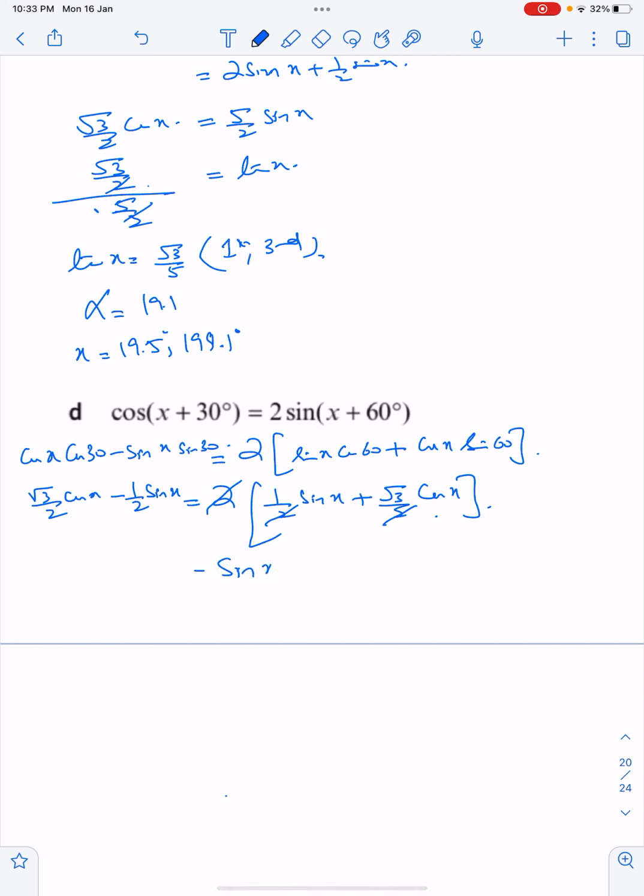So sin of x plus half sin of x equals root 3 upon 2 cos of x minus root 3 upon cos of x. Okay, 1 plus half is 1 and a half, that means 3 upon 2 sin of x here, and root 3 upon 2.